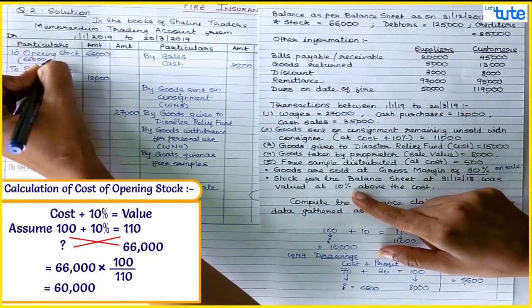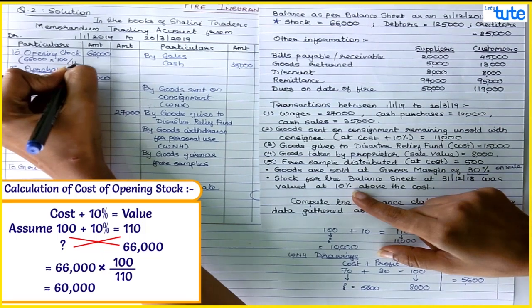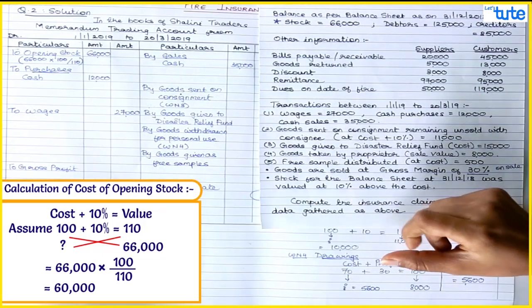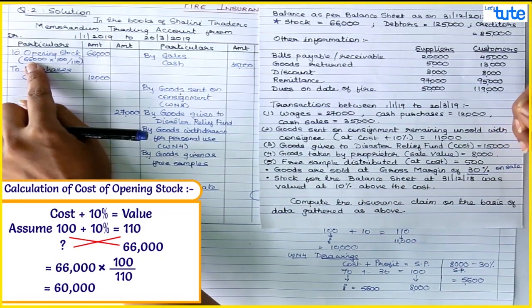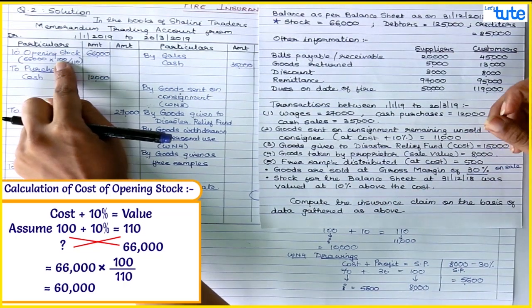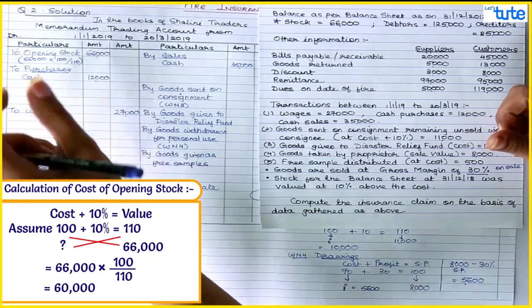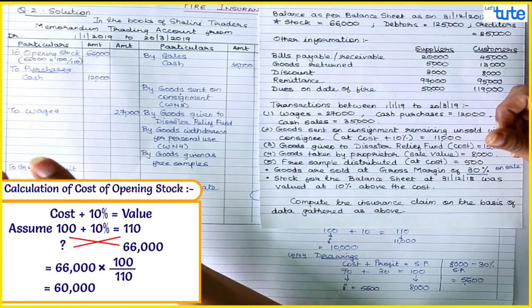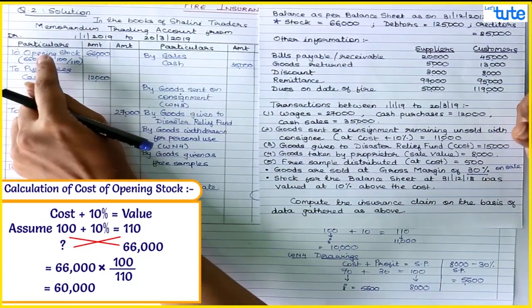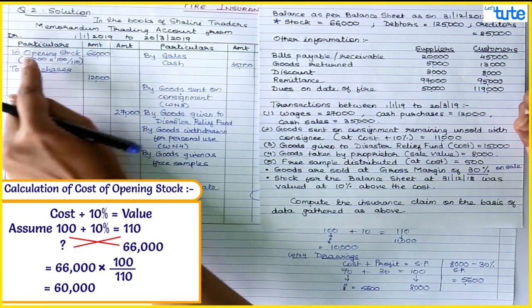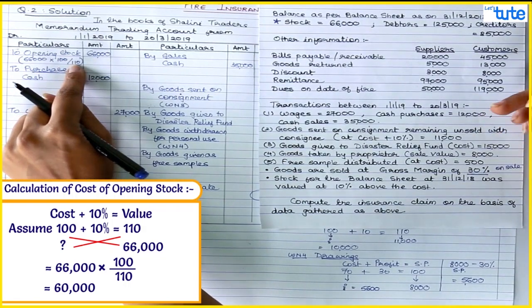So 66,000 into 100 divided by 110 will give you cost of this opening stock. Or what we can do, 66,000 into 10 divided by 110 will give you the excess value or overvaluation. If we deduct that, we can find out the cost. So I'm doing directly like 66,000 into 100 divided by 110.